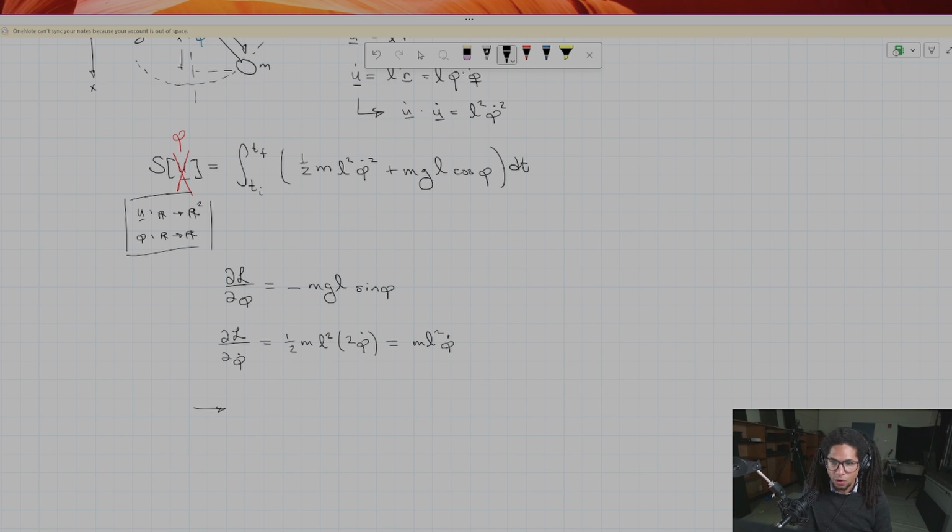So our Euler-Lagrange equation, after taking a time derivative of the second equation, is mL squared phi double dot equal to minus mgL sine of phi, which is indeed the equation of motion for a pendulum.